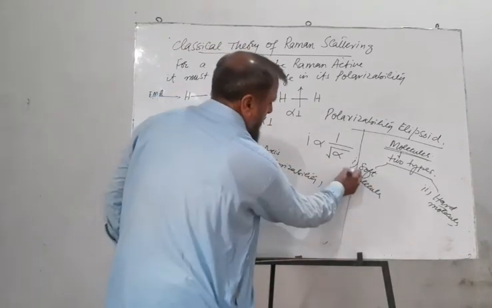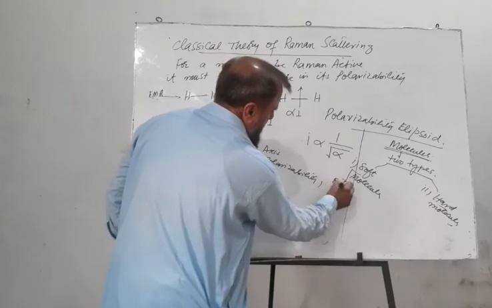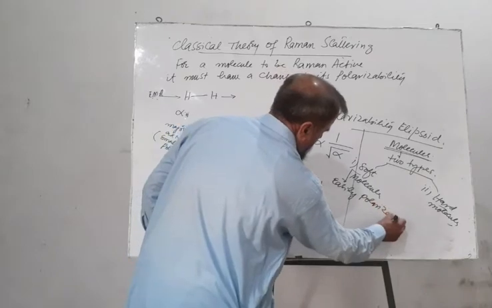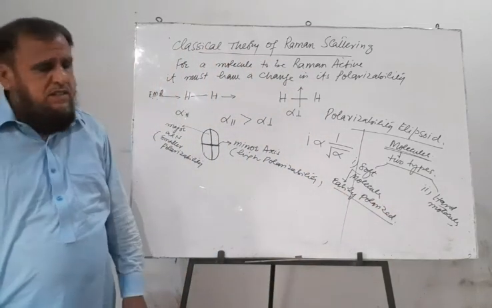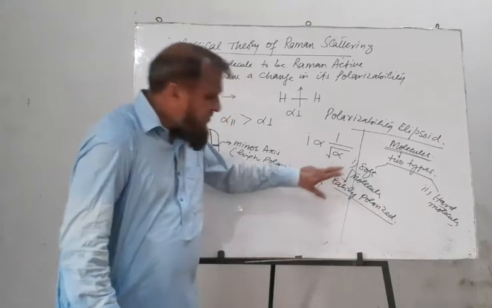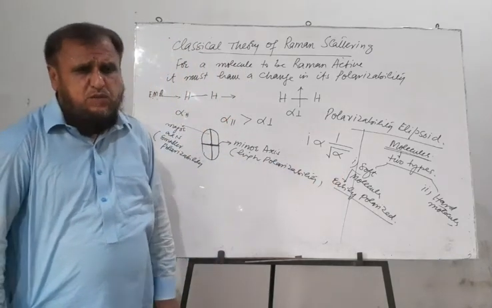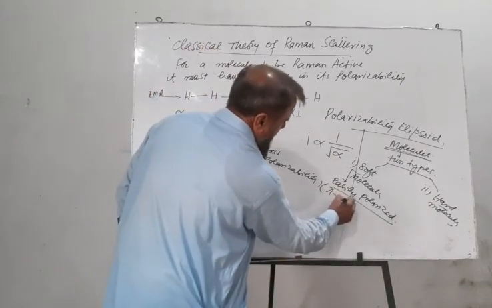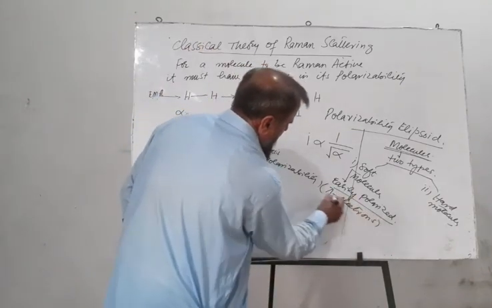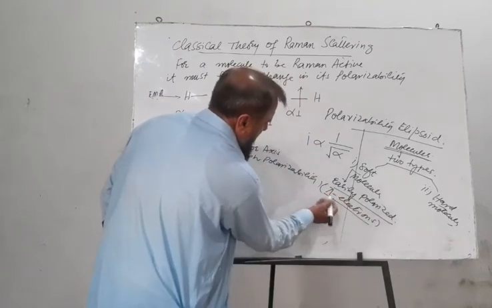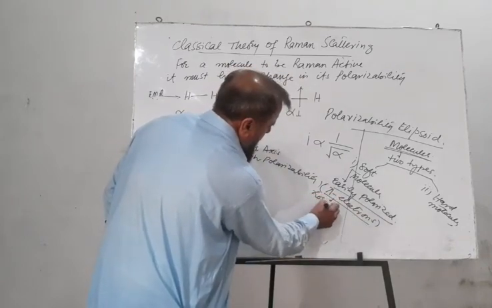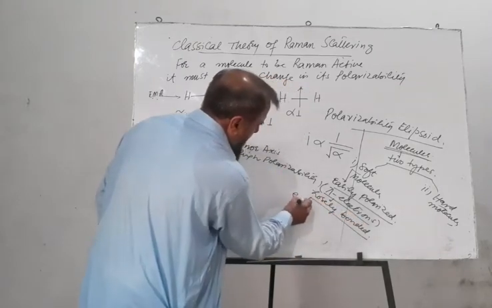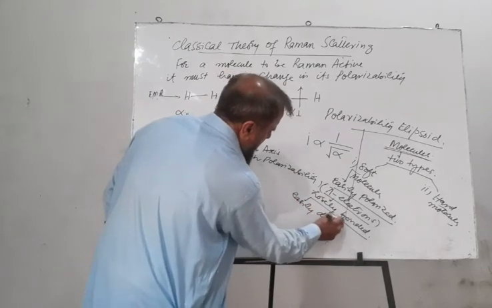Soft molecules are those molecules which can be easily polarized. Examples of such molecules are compounds which contain pi electrons. Pi electrons are loosely bonded, hence they can be easily distorted.